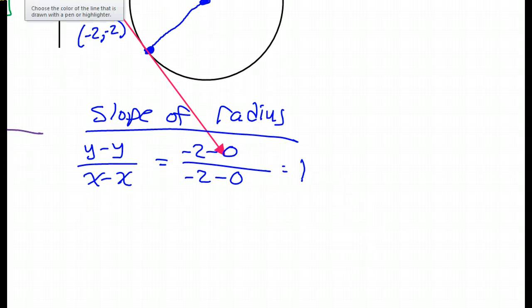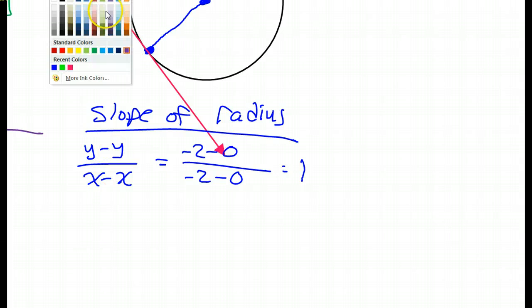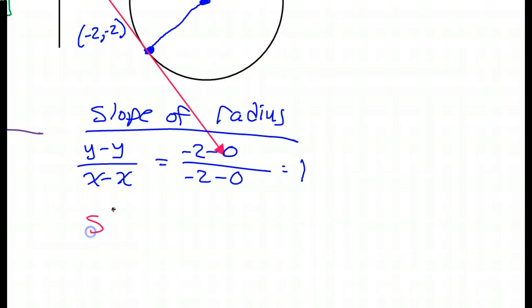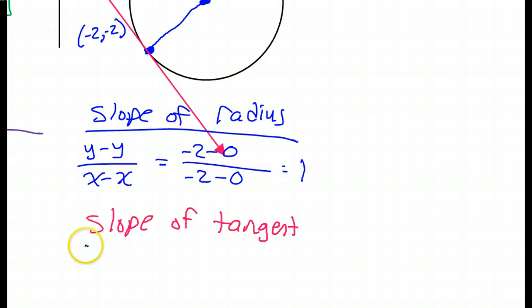So then we can say the slope of the tangent. Okay, it has to be opposite and reciprocal. Well, the opposite of this will just be negative.